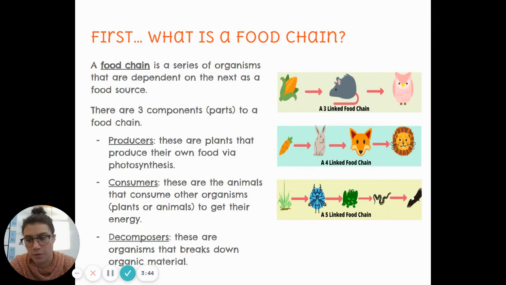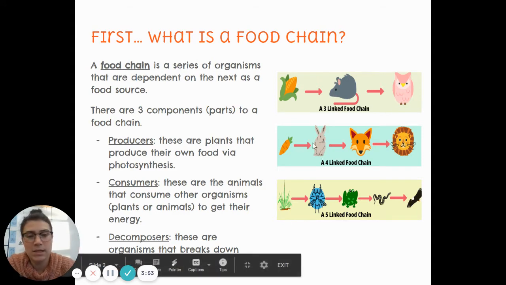And then we have the consumers, which is what we are. We consume other organisms such as plants or animals to get our energy. So that's going to be everything after the first arrow. It's going to be the mouse, the bunny, the grasshopper. It's also going to be everything after the producers. Then we have the decomposers.